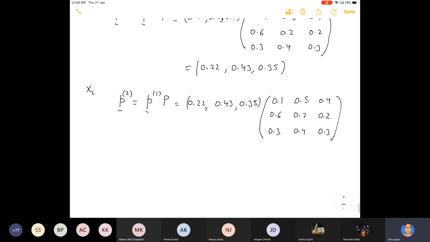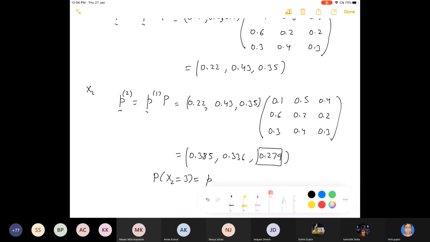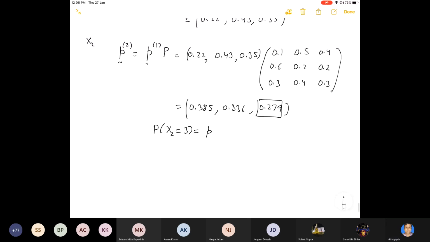Therefore this will be 0.385, 0.336, 0.279. But we need this value basically, which is nothing but the probability that X2 is equal to 3, which is P32, which is 0.279. So this is the solution for this.